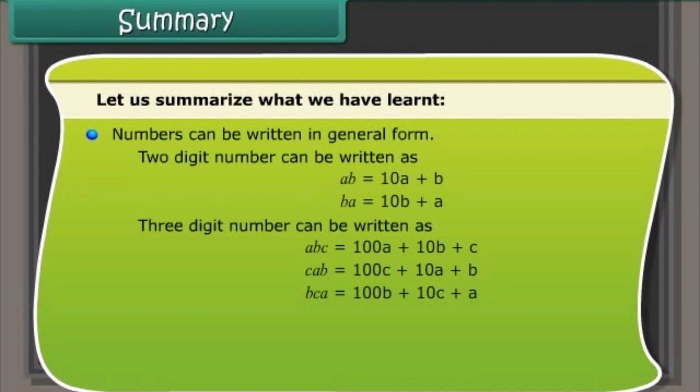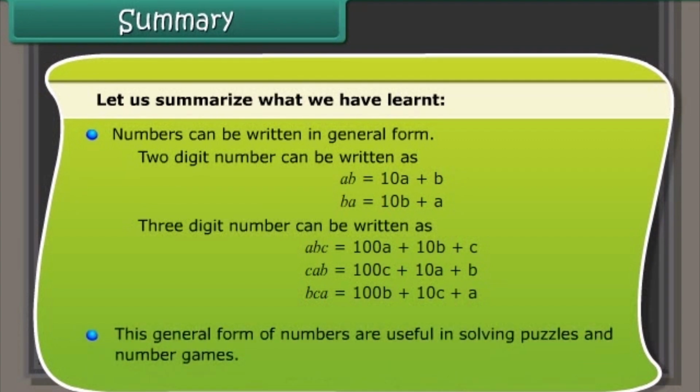A two-digit number can be written as AB equal to 10A plus B, BA equal to 10B plus A. A three-digit number can be written as ABC equal to 100A plus 10B plus C, CAB equal to 100C plus 10A plus B, BCA equal to 100B plus 10C plus A. This general form of numbers is useful in solving puzzles and number games.